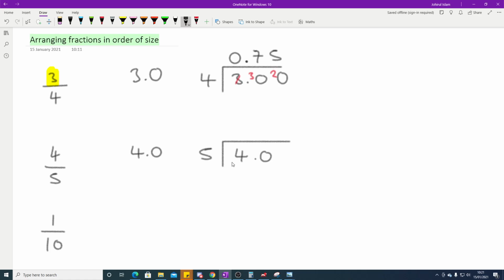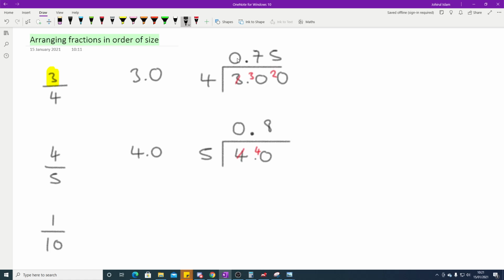So how many 5s go into 4? Well, that's 0. Cross the 4 out, put it next to the 0 over here. Make sure that the decimal point is lined up with the question. How many 5s go into 40? That's 8.